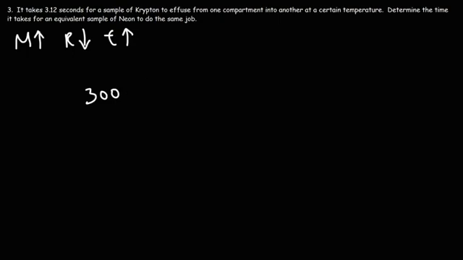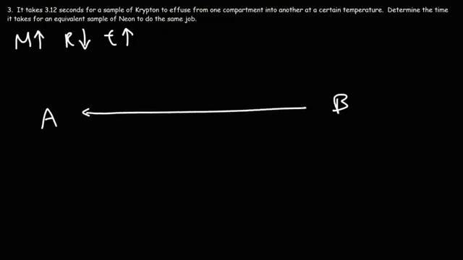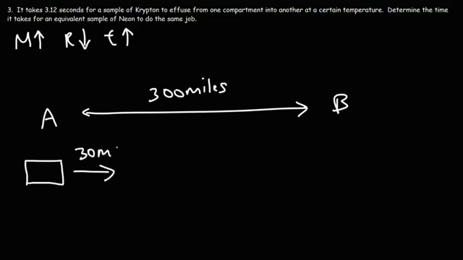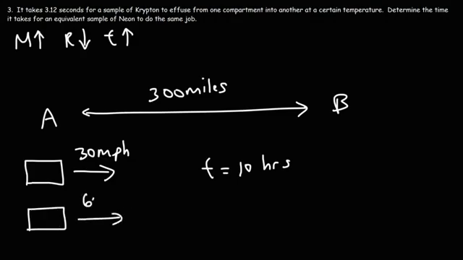So let's say you're at point A and you want to get to point B, and the distance is 300 miles. If you're going at a slow speed of 30 miles per hour, it's going to take you 10 hours to get there. Now, if you're moving faster, let's say at 60 miles per hour, it's going to take you 5 hours to get there.